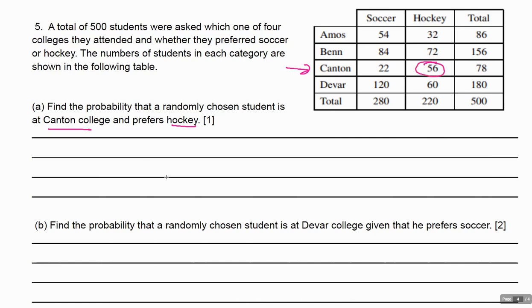Now keep in mind, these are all college students, right? So how many college students do I have altogether? 500. So the probability is the number of things I'm interested in, these 56, divided by all the possibilities.